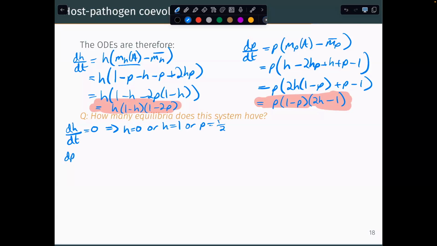And if we look at dP/dt being equal to 0, by the same logic, either P has to equal 0, or P has to equal 1, or H has to equal a half.